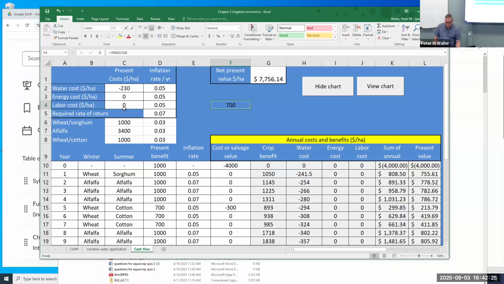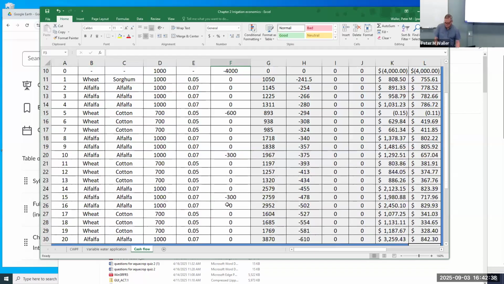So let's just say this is the drip, $4,000 a hectare. And I'm replacing, let's just say I'm putting in $600. Everything's more expensive now. So every 5 years, it's gonna cost me $600 a hectare to put in more drip lines.